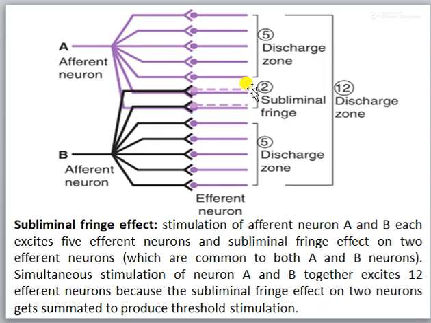So it is subliminal fringe. When there is simultaneous stimulation of neurons A and B, together they excite 12 efferent neurons, because these two neurons which are in the subliminal fringe get their EPSPs summated, and it produces the threshold stimulation and subsequently an action potential.